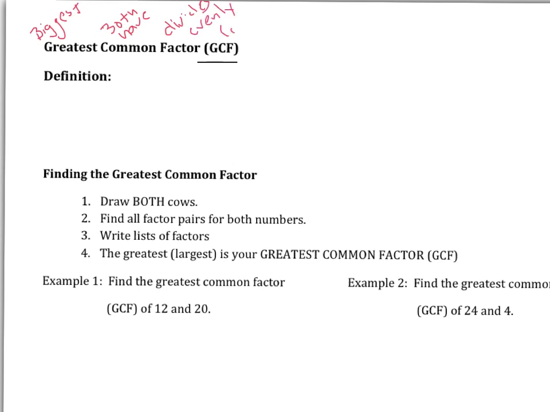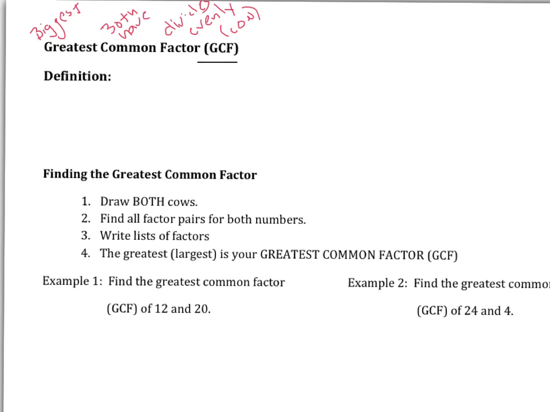Okay, I also think of cow, because our cow is going to remind us, oh, greatest common factor, those are the numbers we multiply together to get another number. So we're looking for the biggest number that both numbers have that are factors that divide evenly.